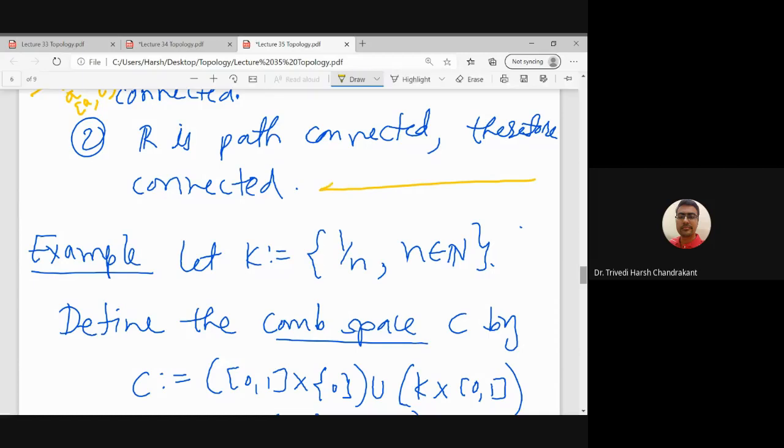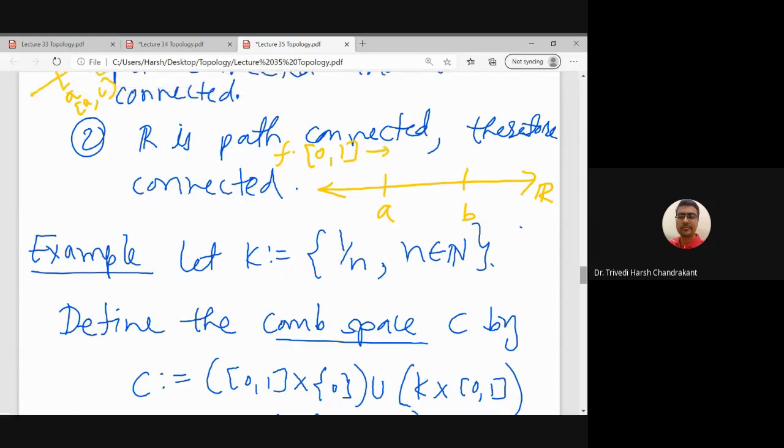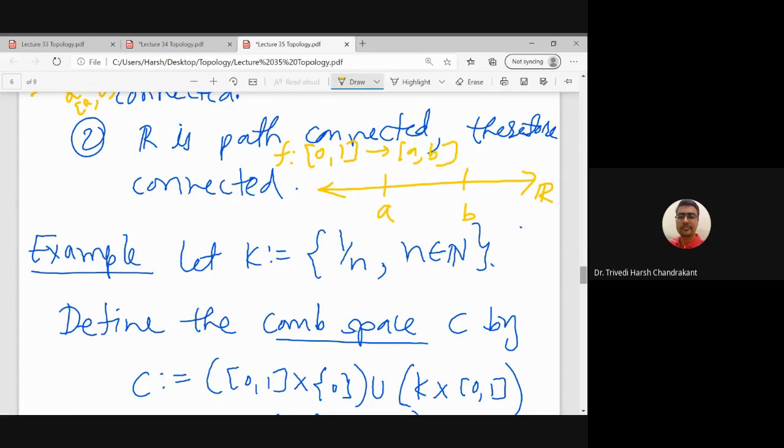Because you take any 2 points on R, let us say a and b, you can always find a continuous function from the interval [0,1] to [a,b]. Right, so it is kind of stretching the string or rubber, right?